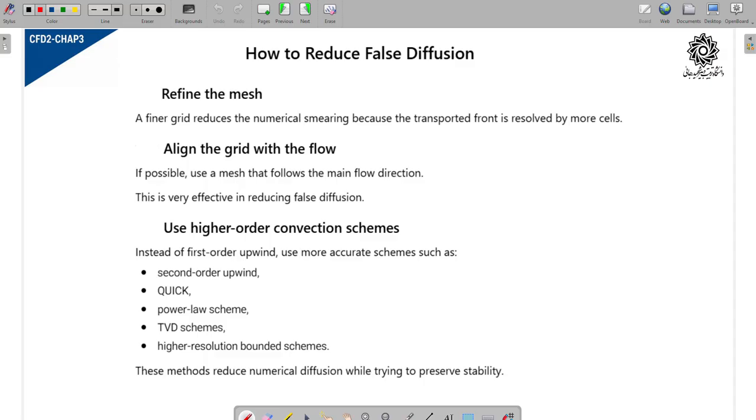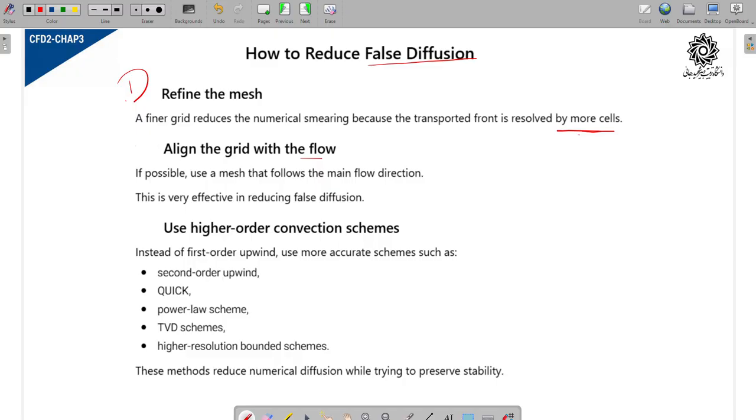How to reduce false diffusion? One, refine the mesh. A fine grid reduces the numerical smearing because the transport front is resolved by more cells. Two, align the grid with the flow, if possible.